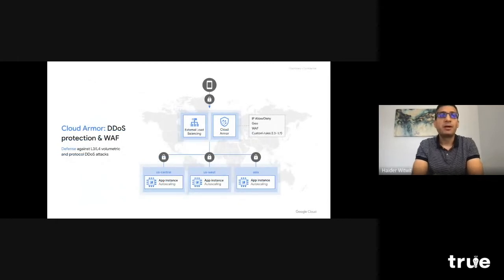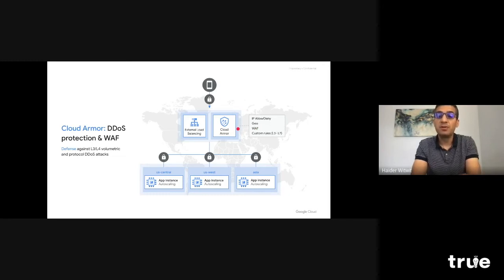Cloud Armor as a product will integrate with our external load balancer. Looking at this slide, we just talked about the load balancer being a global product. To add to the load balancer capabilities, the Cloud Armor capabilities are represented by geo-based filtering, IP allow and deny lists, or WAF-based products that give you capabilities such as preconfigured rules or custom rules to filter traffic based on custom metrics.